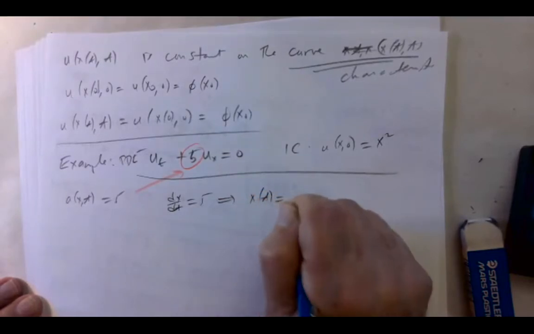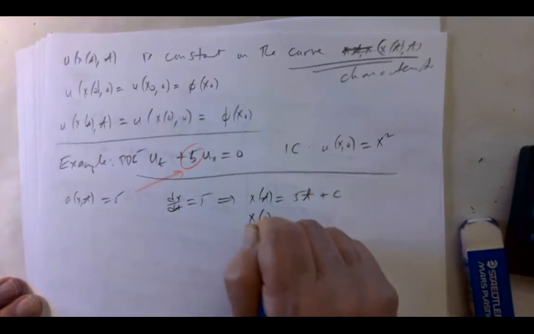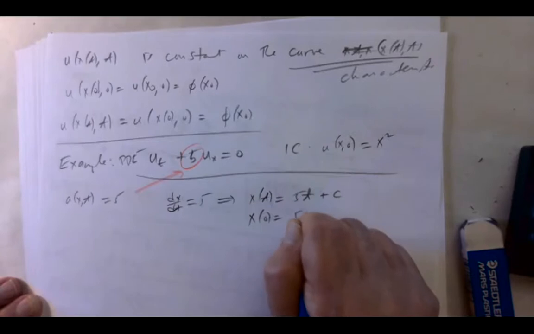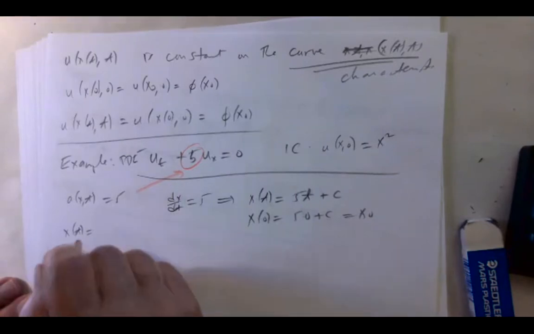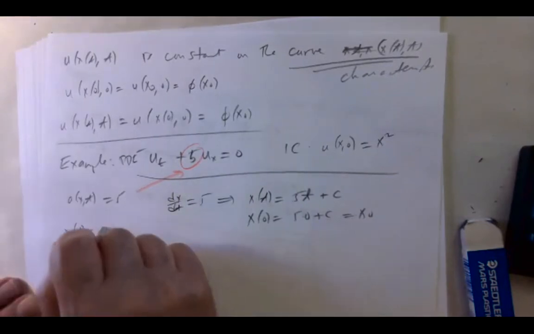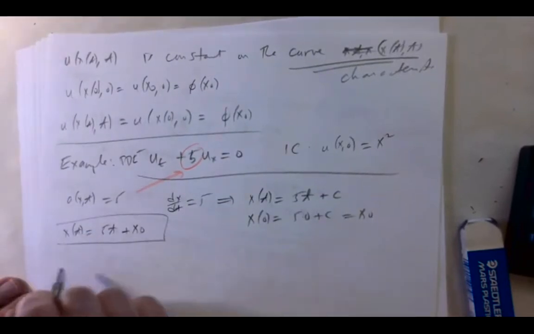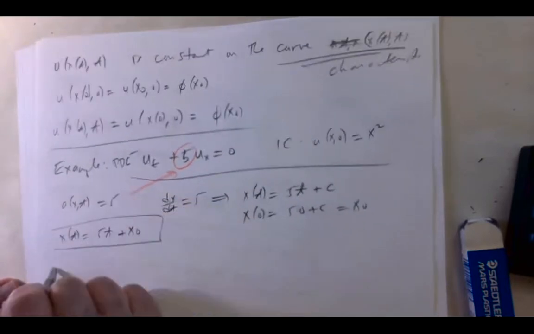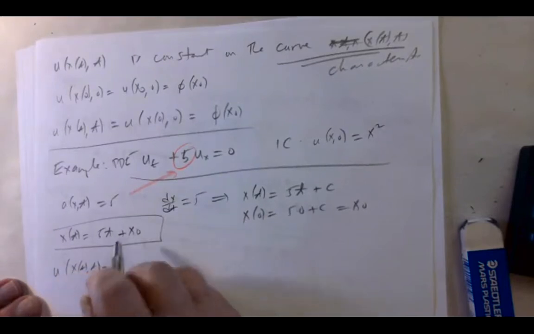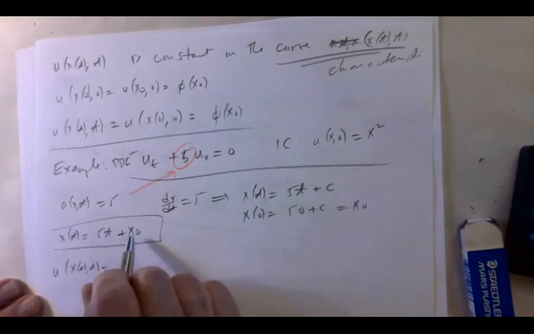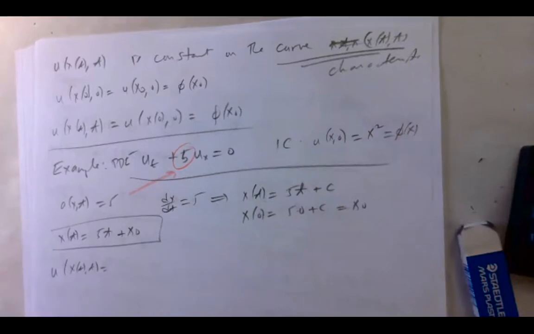So x of t is 5t plus a constant. That constant is x0. So x of t is 5t plus x0. So u of x of t comma t is, so my function phi of x is x squared.